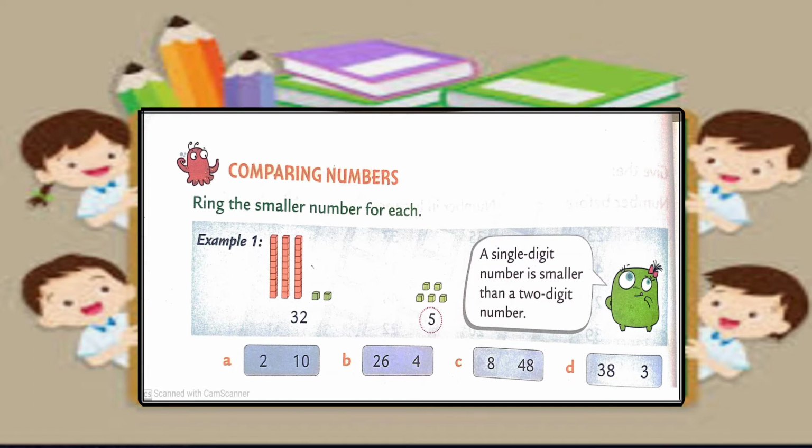As I have just explained, a single digit number is smaller than a two digit number. So if we observe, number 2 is a single digit number and it is the smaller number. So we have to make a circle around it. Everyone make a circle around number 2.